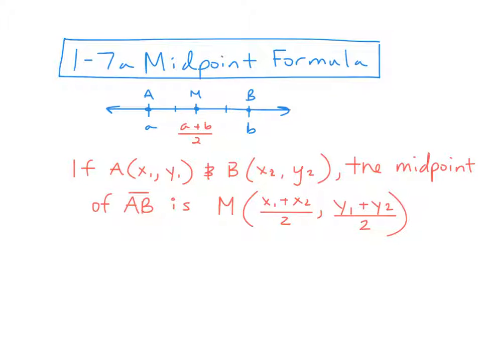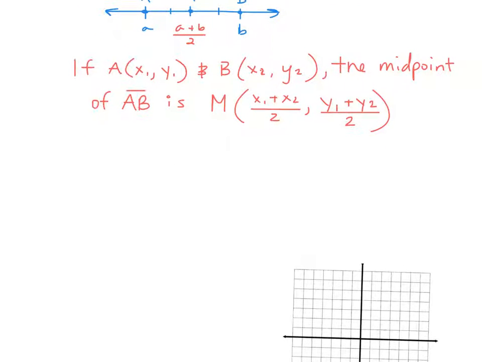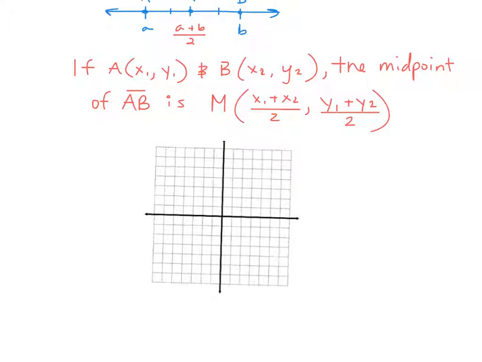Okay, and I'm just going to show you that real quick on a coordinate plane just so you kind of get a visual of what's going on here. So let's say I have, for instance, the point -2, 0, and then I have the point 2, 6.